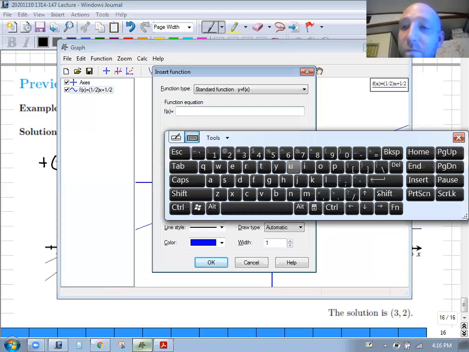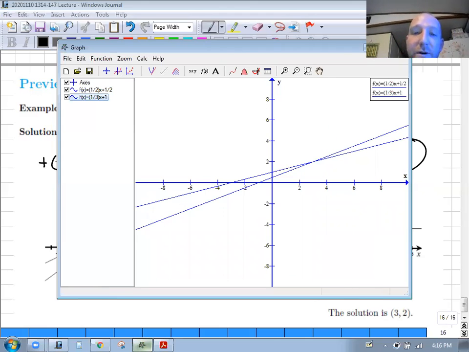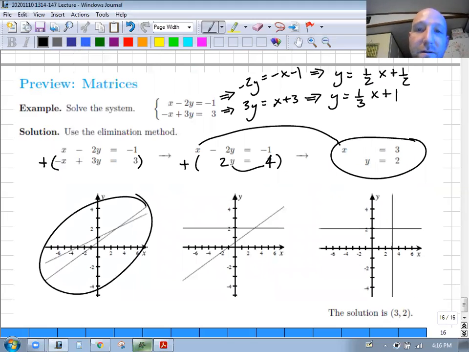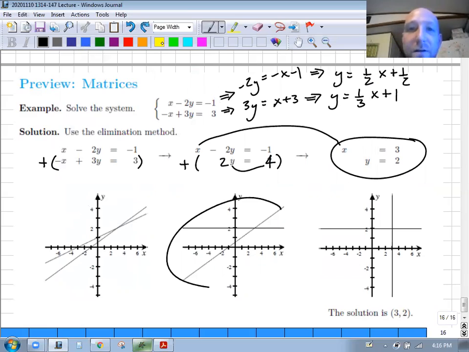So that's what they have graphed here, these two equations. So what's going on over here? Let's find out.